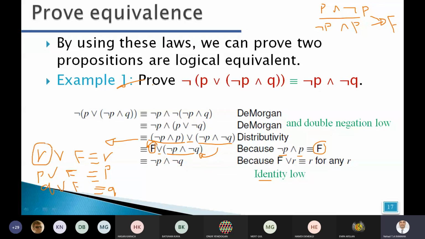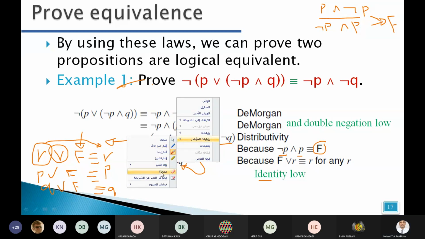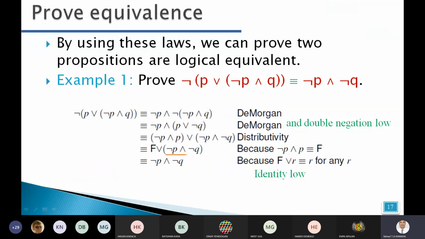Because this side will identify the result here, not the false, if you have the OR operator. So false or this side, it doesn't matter what is inside it. I don't know what is inside it. The result will always be this side itself.